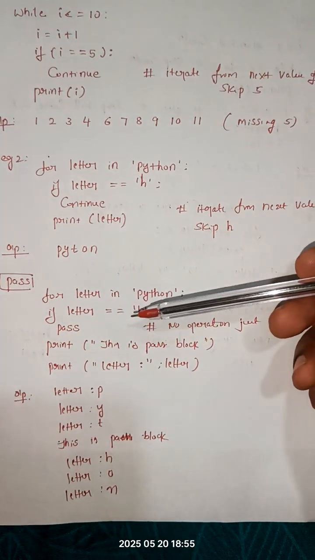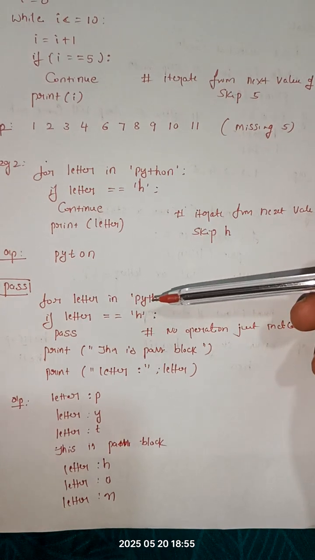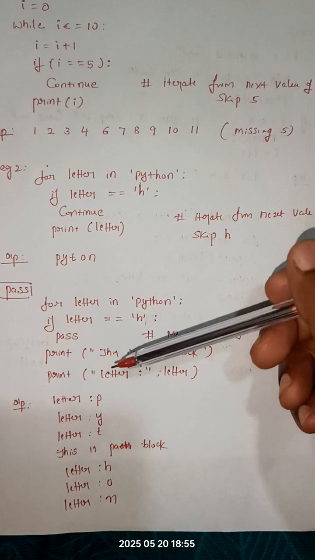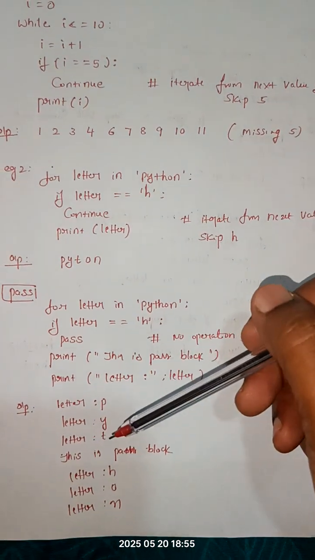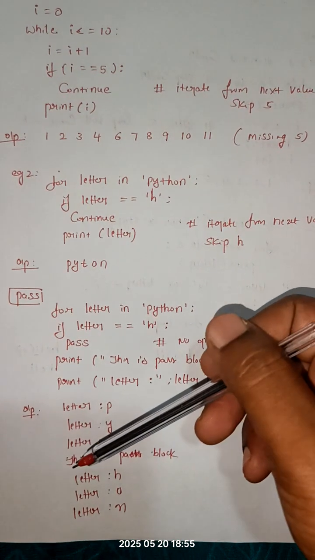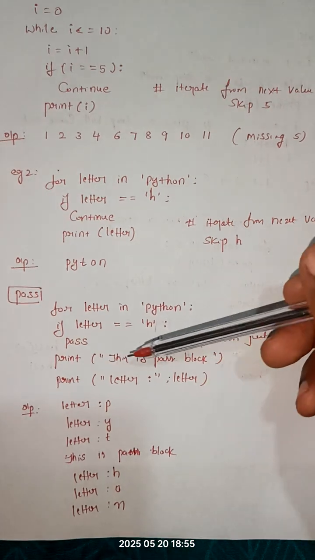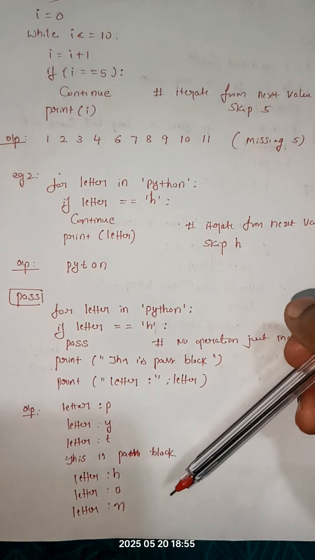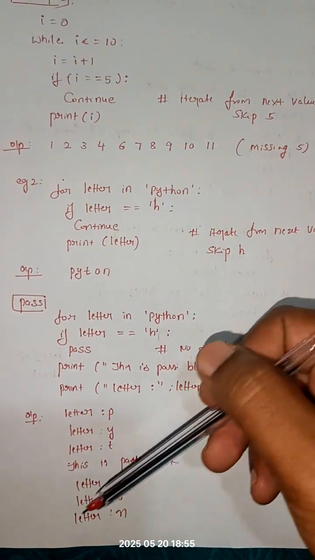After T, if the letter is h, it should pass. So after the letter T we are writing pass, print, this is a pass block. That is what we are writing. Then after that, letter H, letter O and letter N.